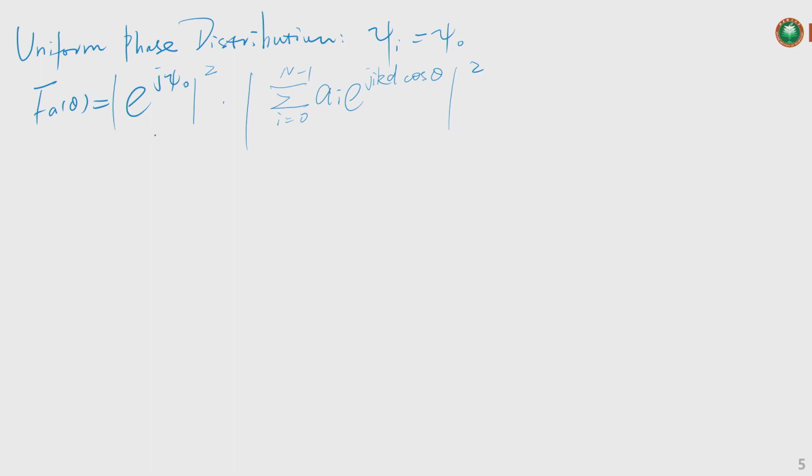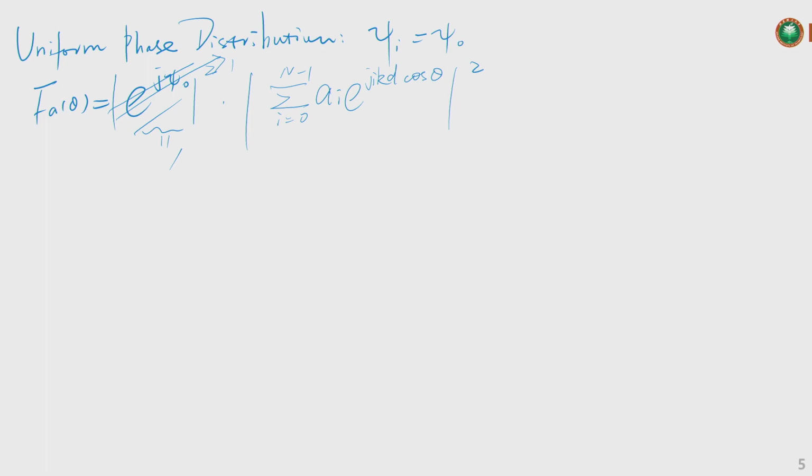If it's uniform, the absolute value of this part equals 1.